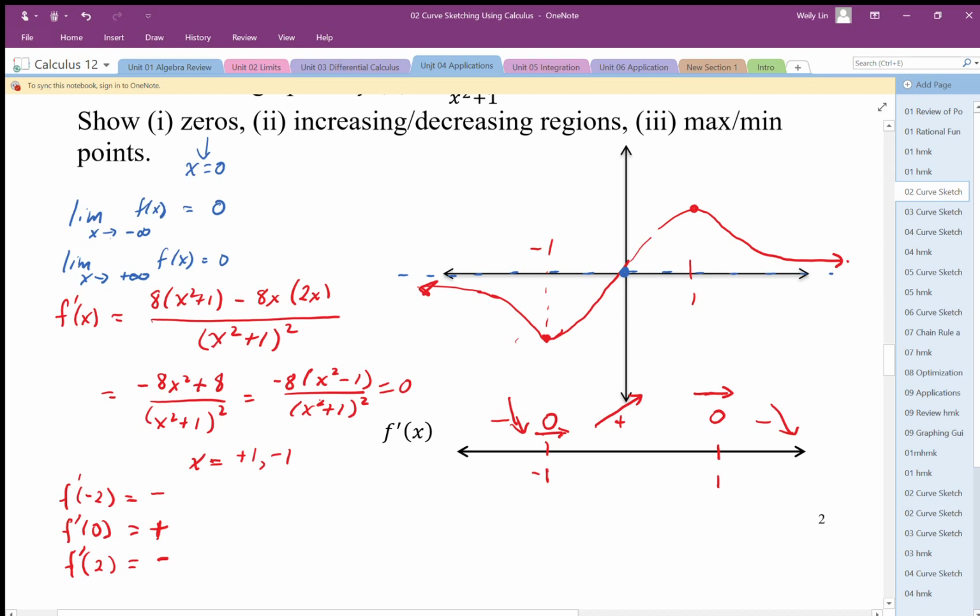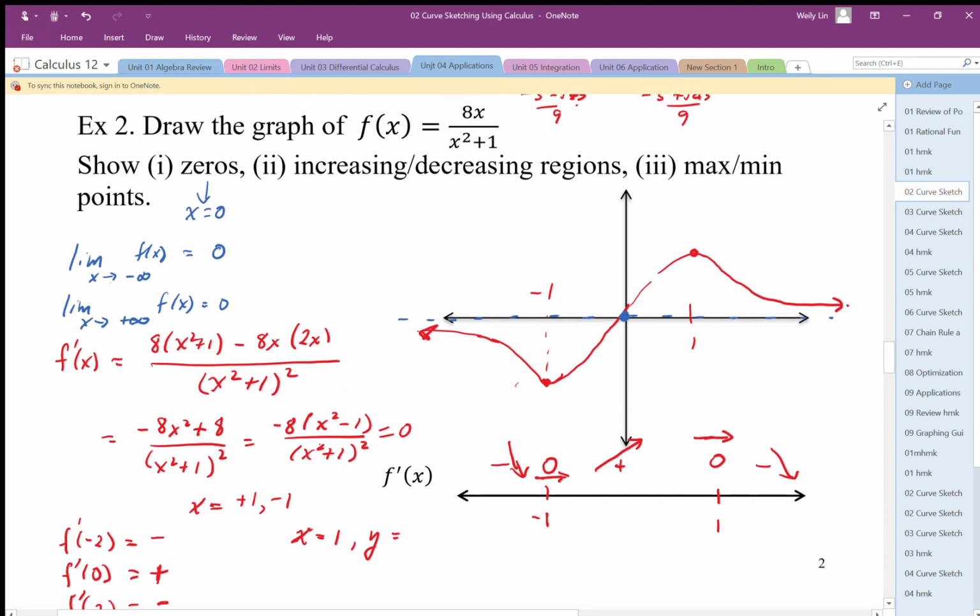Okay, so using all that information, the asymptote, the 0, the maximum, there it is. I do want to find out where the y-coordinate is. This is a nice y-coordinate. So when x is 1, y is equal to, I plug it back into my original equation, 8 divided by 2, which is 4. So that's going to be at y equals 4.